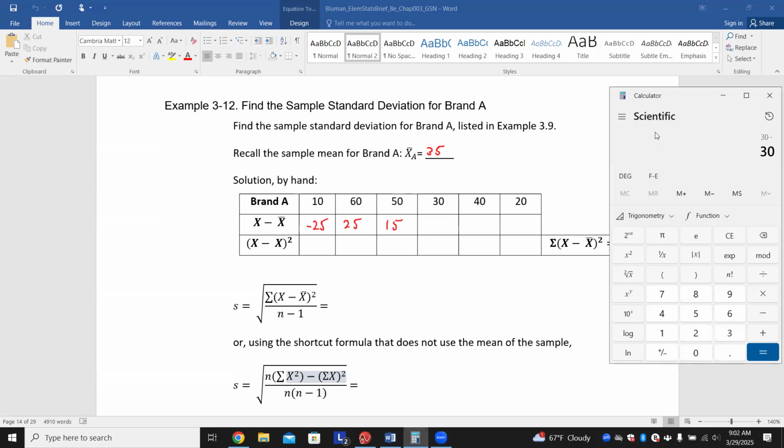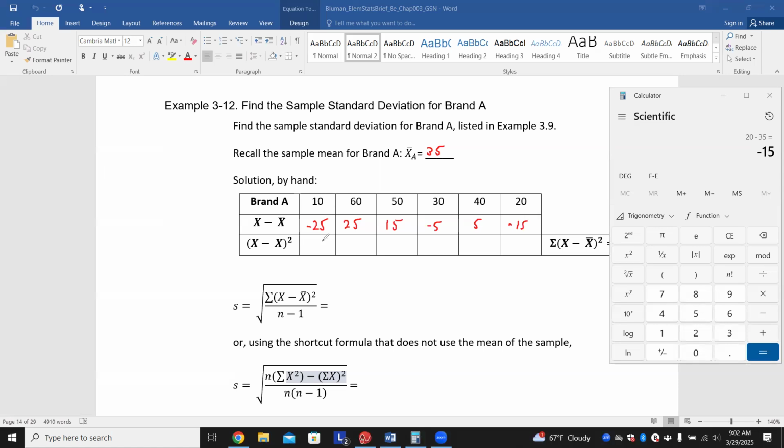We will do 30 minus 35 and we get negative 5. 40 minus 35 and we get positive 5. We will do 20 minus 35 and we'll get negative 15.